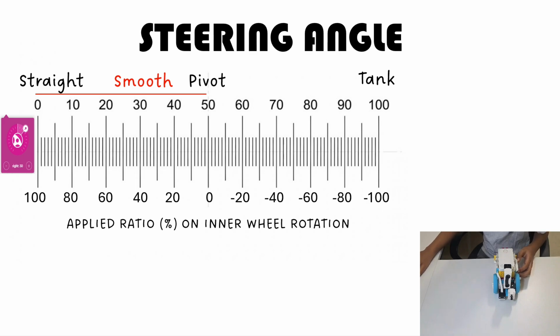The 0 represents the inner wheel not rotating at all, while the outer wheel rotates in its direction of motion. Also, keep in mind that the 0 to 100 scale is only for right turns. So if you want to use the scale for left turns, just add a negative to each number.